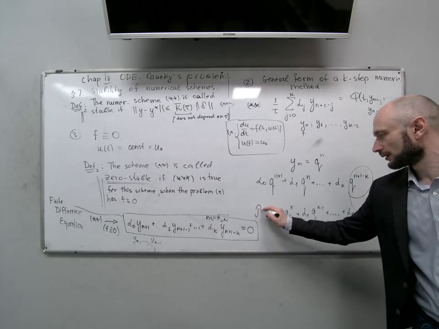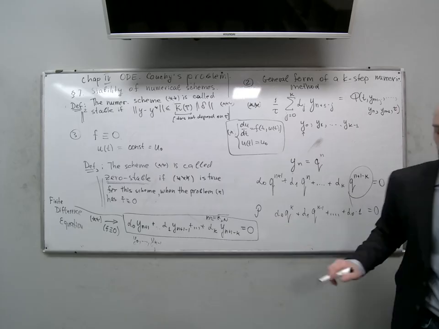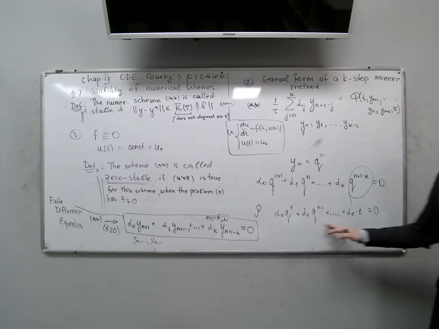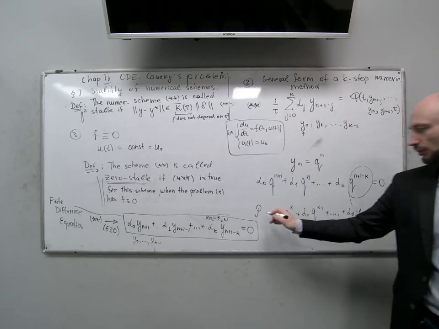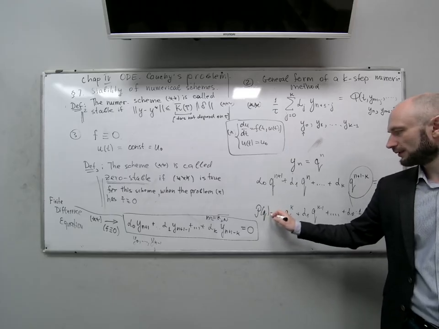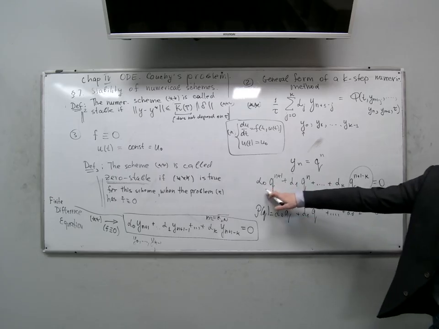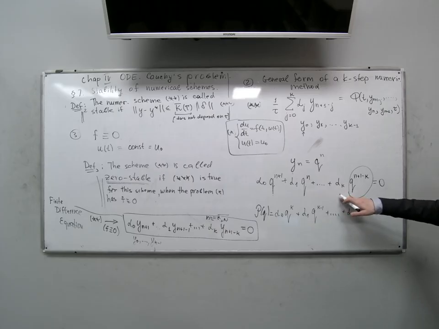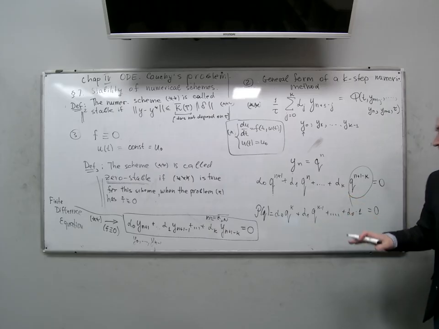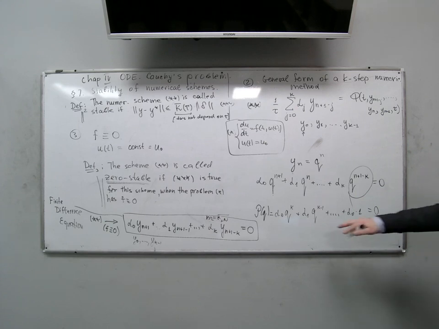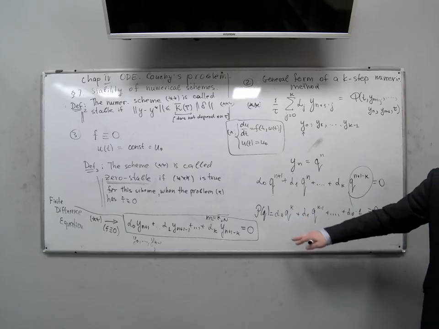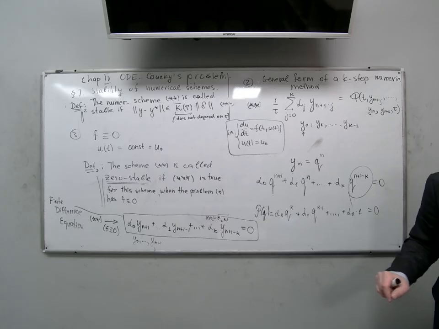The quantity that sits in the left-hand side of this equation is usually called the characteristic polynomial. This is the characteristic polynomial for our difference equation. Since it should be equal to 0, this is just an algebraic equation for q.